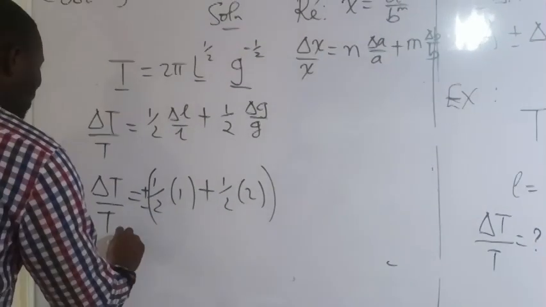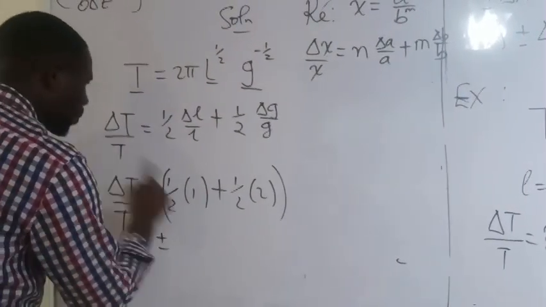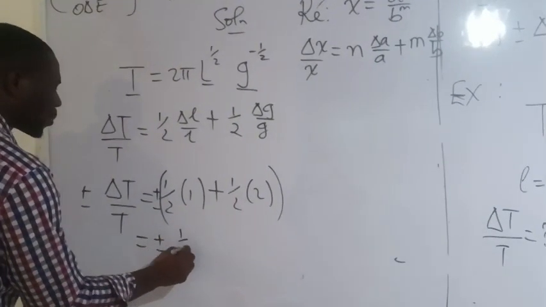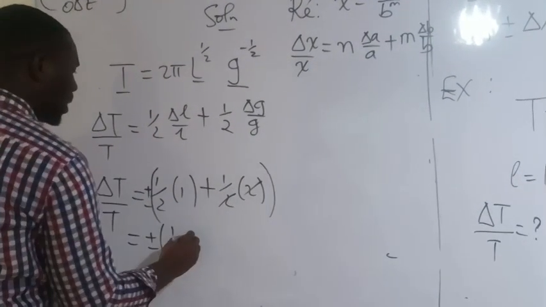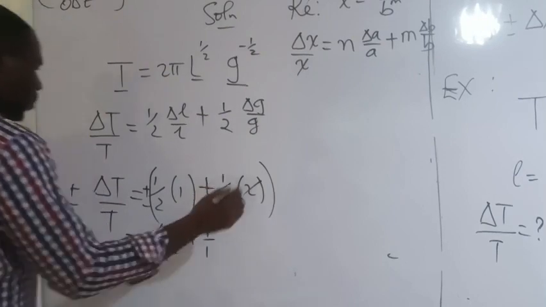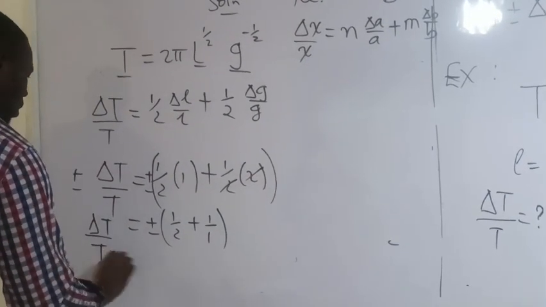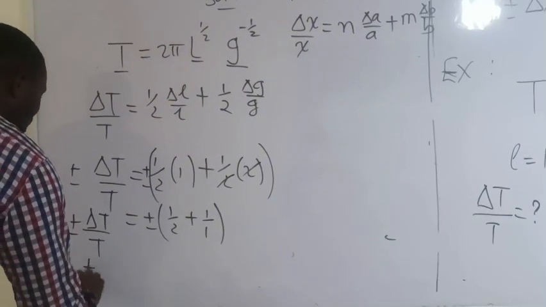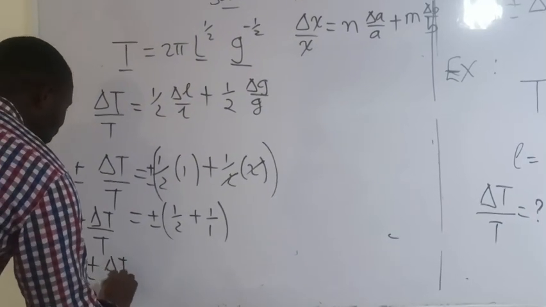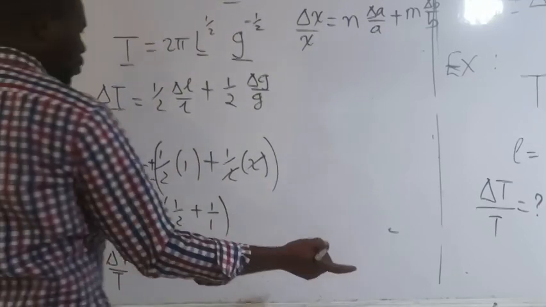So what I have here is plus or minus, half times 1 is a half. The 2, I delete out, so I just have half plus 1. So that is the fractional error in t.